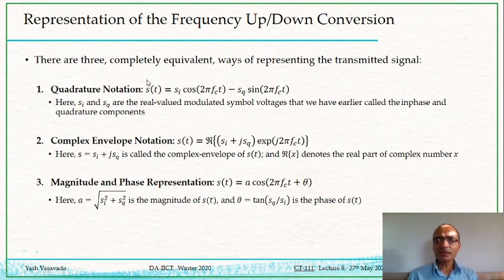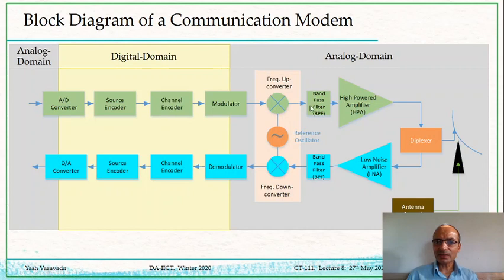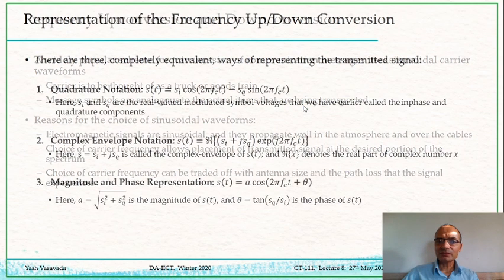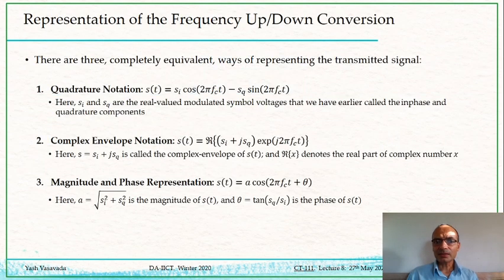The corresponding signal that actually gets transmitted, the analog signal at this point over here, is this signal S of t. This signal S of t is at this carrier frequency f of c. Now this equation, the quadrature notation, you can also get by writing it as the real part of a complex number.